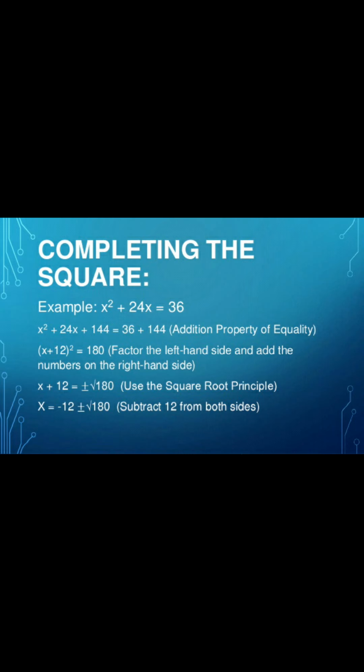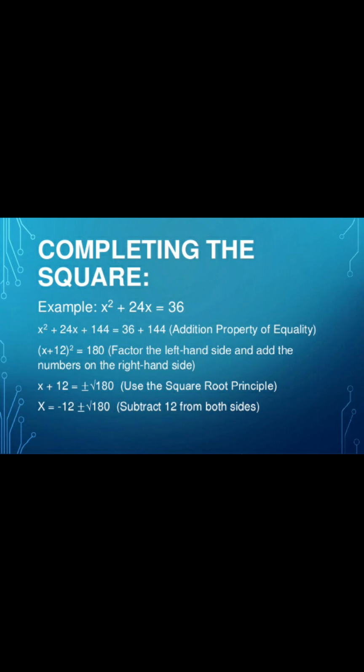One more example: x squared plus 24x is equal to 36. Here the coefficient of x is 24, half of it is 12, and the square of 12 is 144. So we add 144 to both sides. x squared plus 24x plus 144 is equal to 36 plus 144.